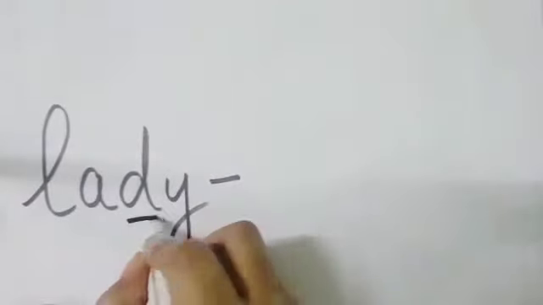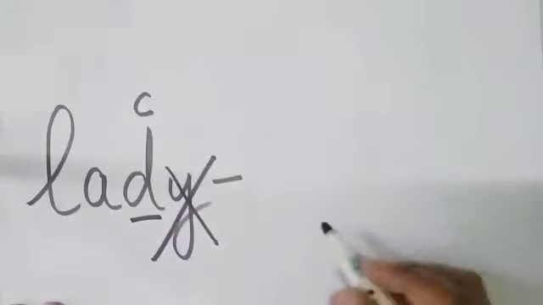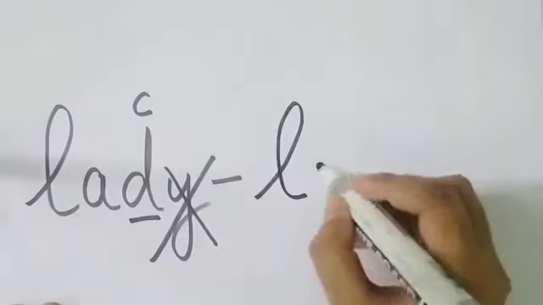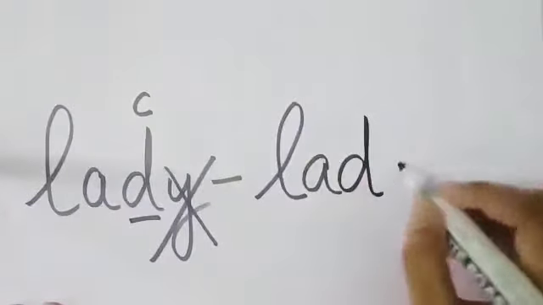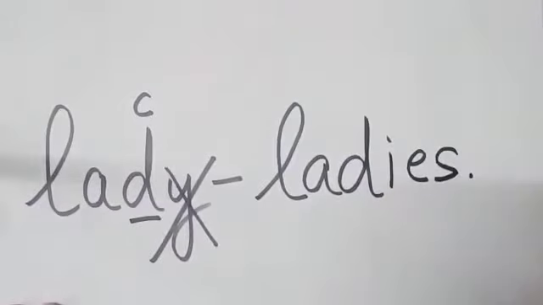The next is lady. Children, here also before the Y a consonant is given. So you are going to remove Y and add IES to make it a plural noun. So lady will be ladies, L-A-D-I-E-S.